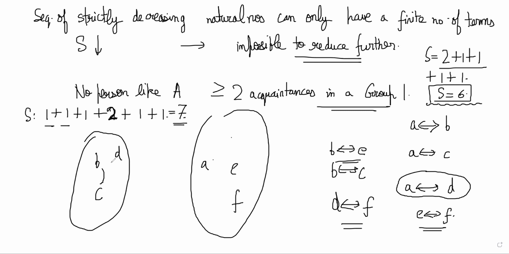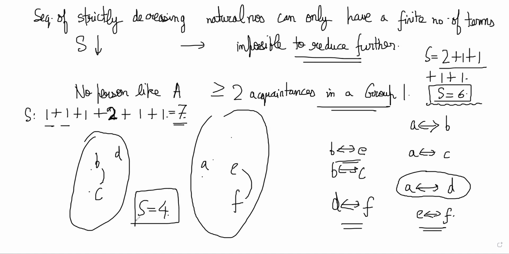If we shift D to this group now, then D is not linked to C, D is not linked to B, and E is linked to F. So in this case, B and C have 1 and 1, D has nothing, A has nothing, and E and F have 1 and 1. So now we are getting S equal to 4.